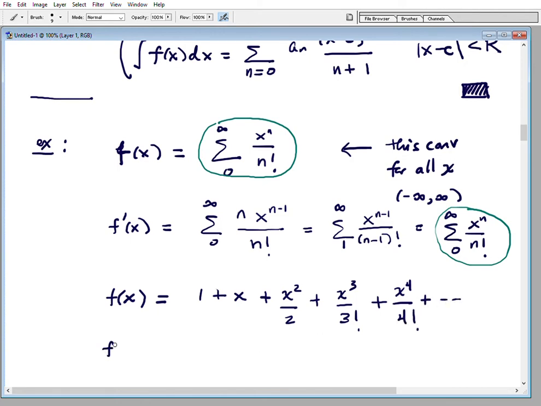We'll take the derivative and we'll see we get the same thing back. That's 0, and here we have 1, and 2x over 2 factorial, 3x squared over 3 factorial.